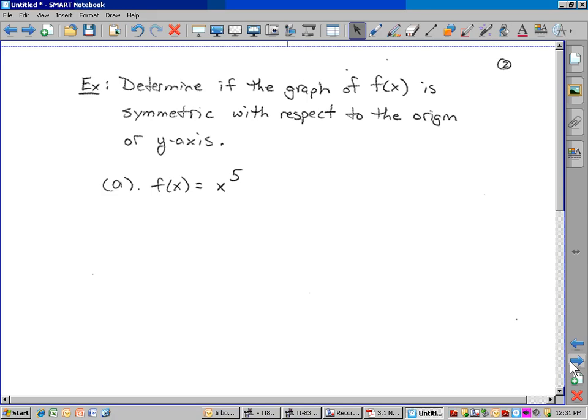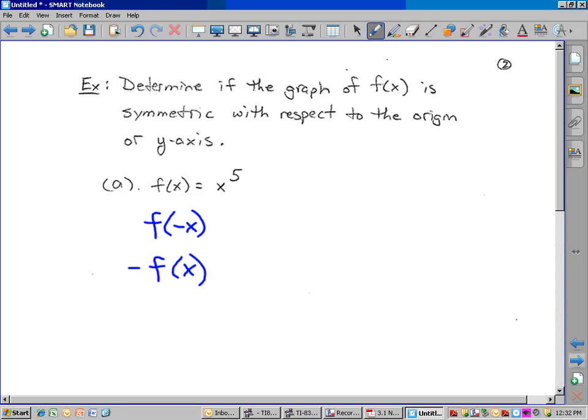To test the origin, it said that we were to compare f of negative x and negative f of x. We have to create those and then compare them. So how do we find f of negative x? What do we need to do to create that?